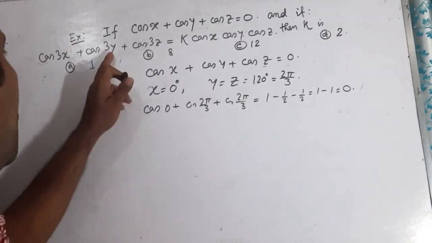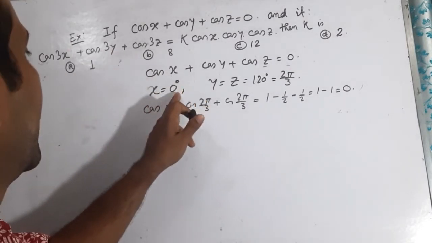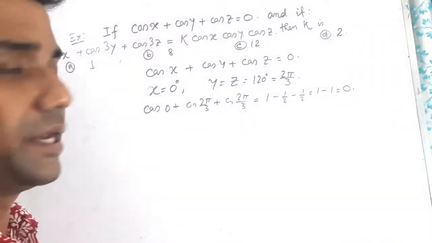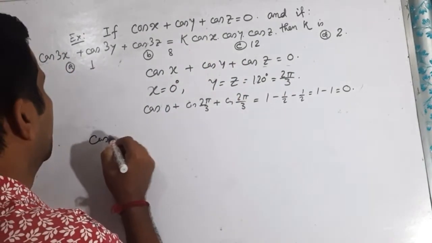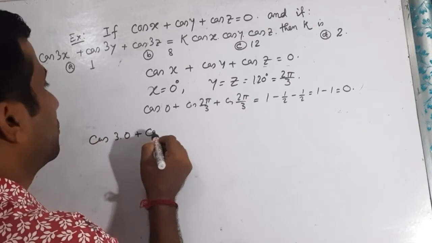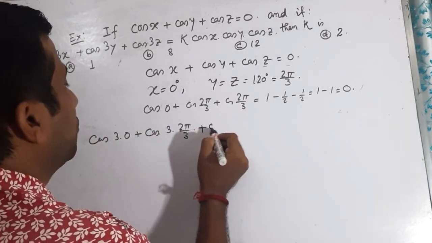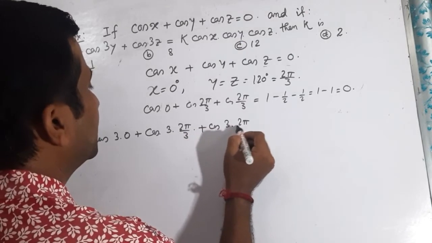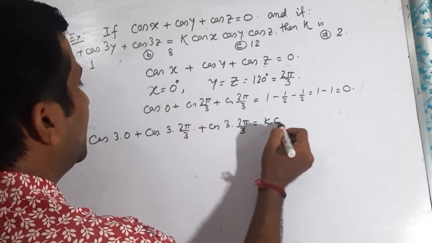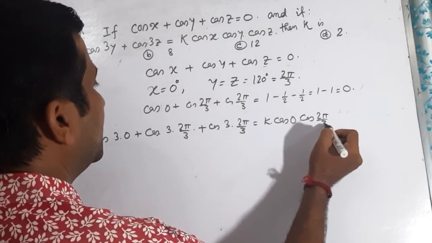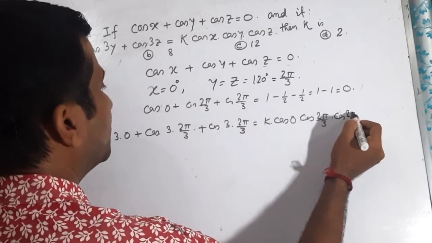Now putting x equal to 0 degree, y and z equal to 2 pi by 3, we get cos 3 into 0 plus cos 3 into 2 pi by 3 plus cos 3 into 2 pi by 3 is equal to k cos 0 cos 2 pi by 3 cos 2 pi by 3.